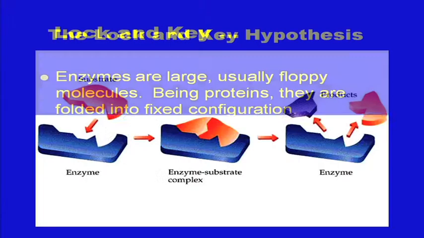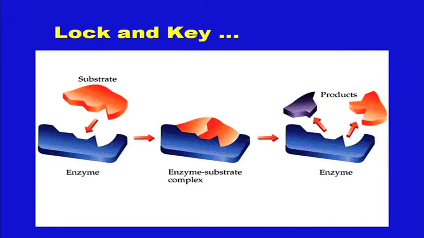Now, just look at this in a picture. You have this enzyme, which has a specific groove in a specific manner, and you see that the substrate has the complementary grooves. So, it will just fit into it.